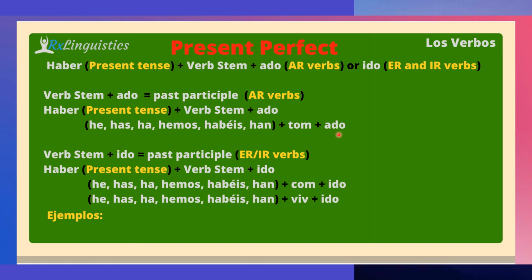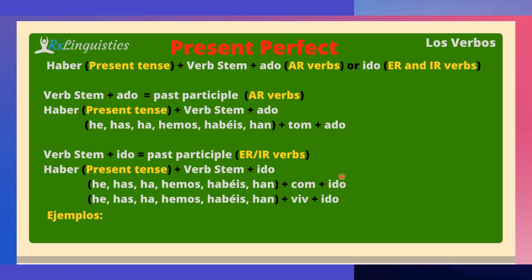And when you see ando, as we saw before, it is present participle. When you see ido, you know it's past participle of the verbs ending in er or ir. And when you see iendo, you know it's the present participle.